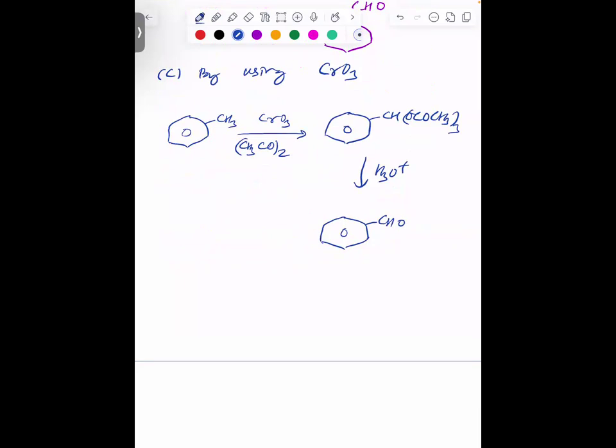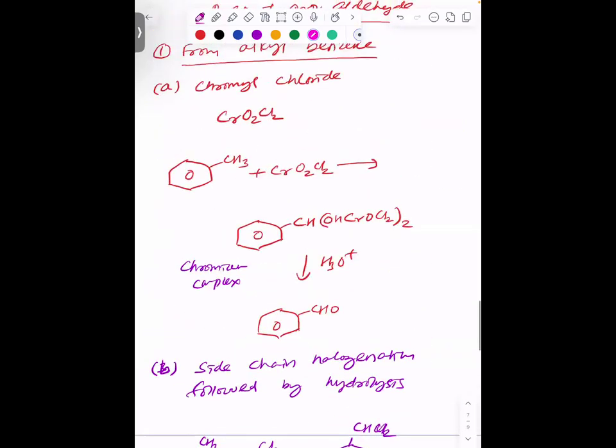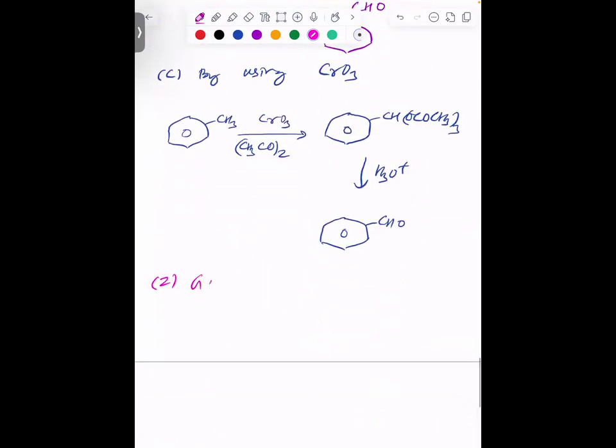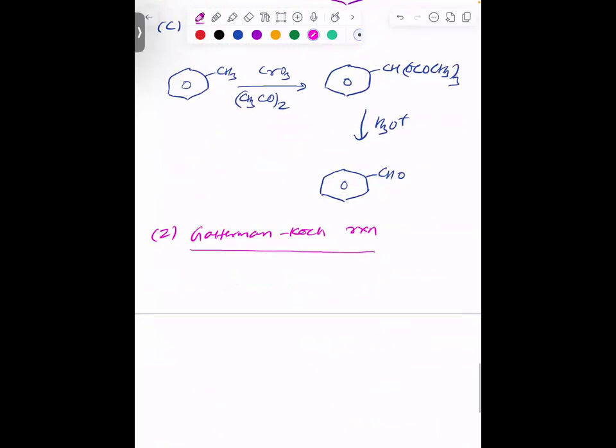So the last method of the preparation of benzaldehyde, the fourth method. A, B, C were all from alkyl benzene. So it is the Gattermann-Koch reaction. Next is Gattermann-Koch reaction.